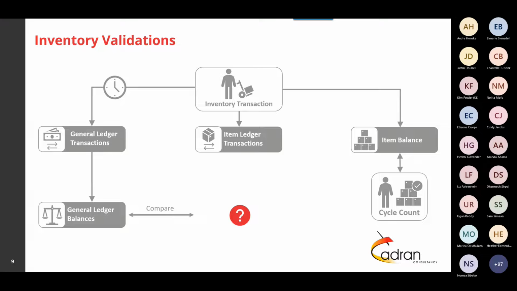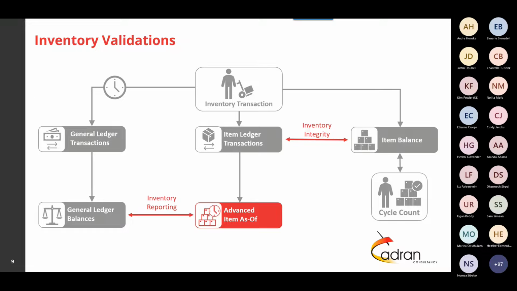You need to compare it with something. For that, we created the advanced item as of. Advanced item as of will use item ledger transactions to build up an inventory report for you. And this will allow us with inventory reporting to report the variance between your general ledger balances for your inventory accounts and your inventory totals.